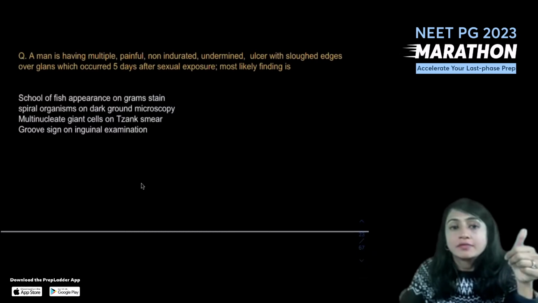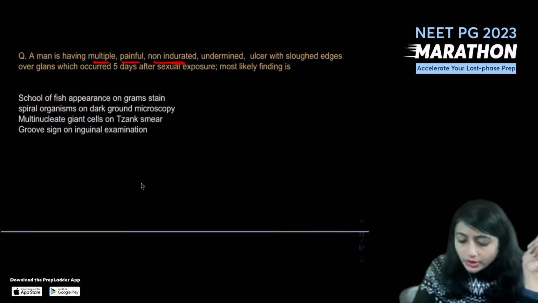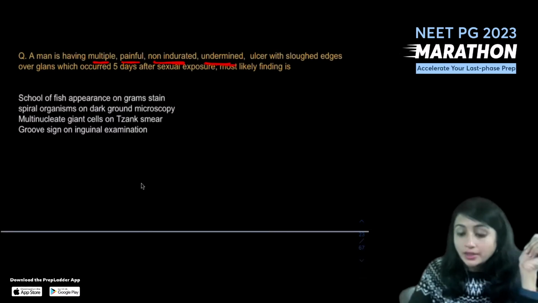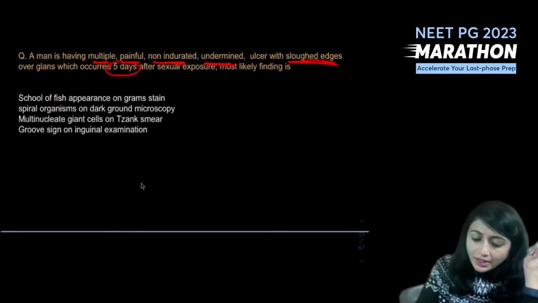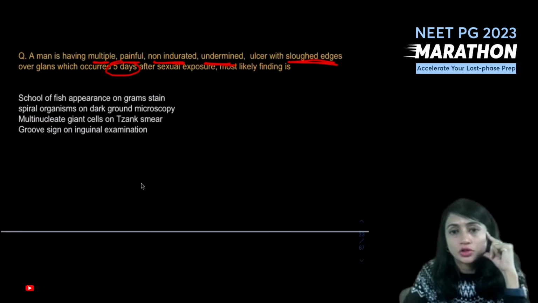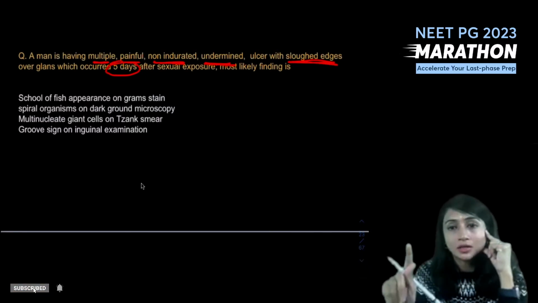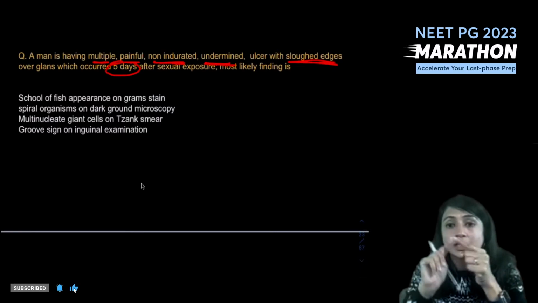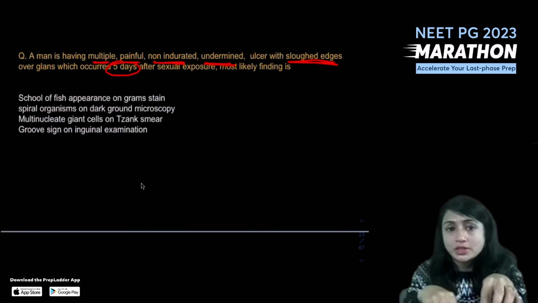A man is having multiple painful non-indurated undermined ulcers with sloughed edges over the glans, which occurred 5 days after sexual exposure. What is the most likely finding? So here again, they're not asking me the diagnosis. Here we'll quickly revise genital ulcer disease based on which you should be able to answer this question.